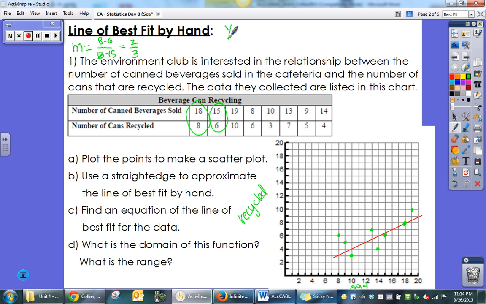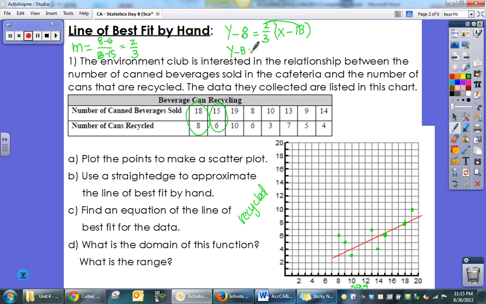So y minus y1 equals my slope times x minus x1, which is 18. And then remember I'm distributing here.